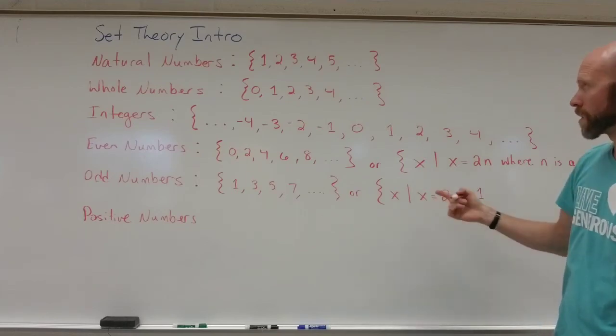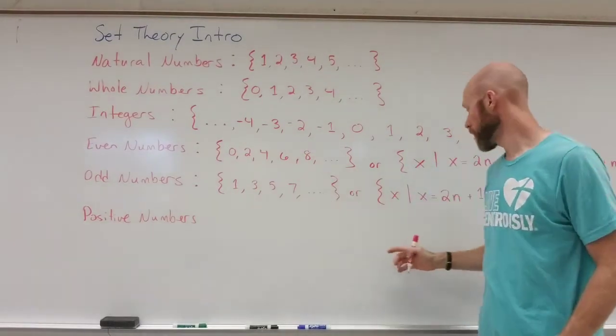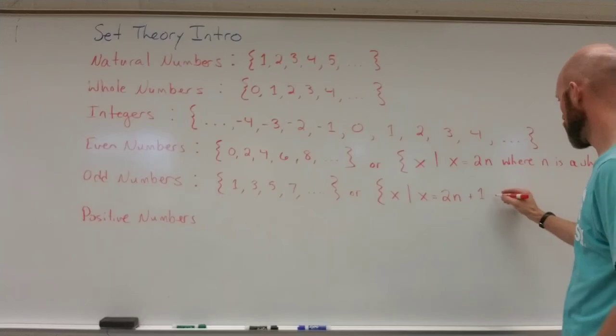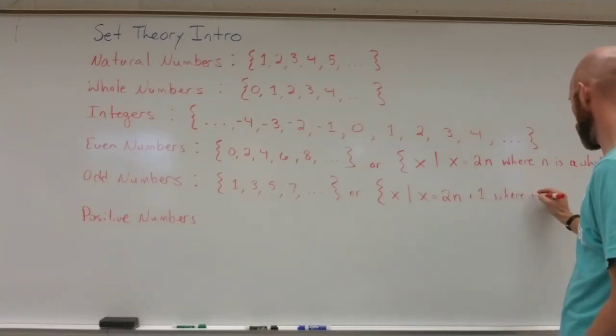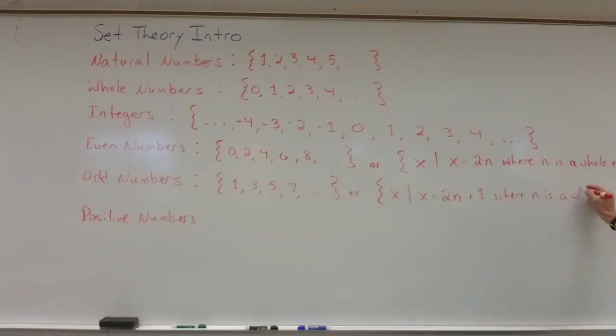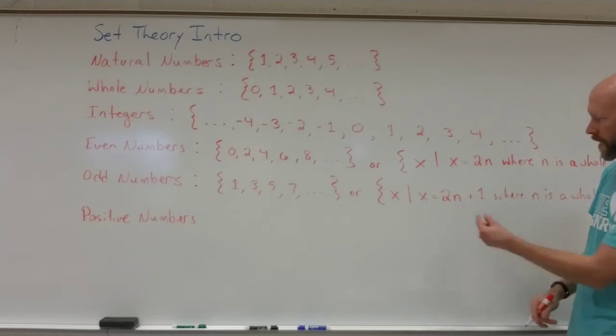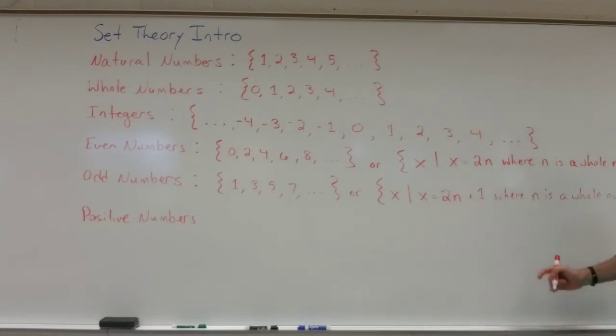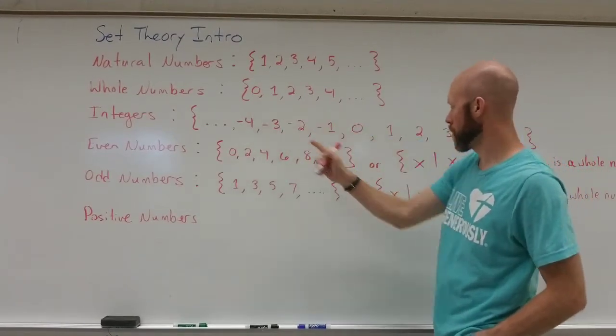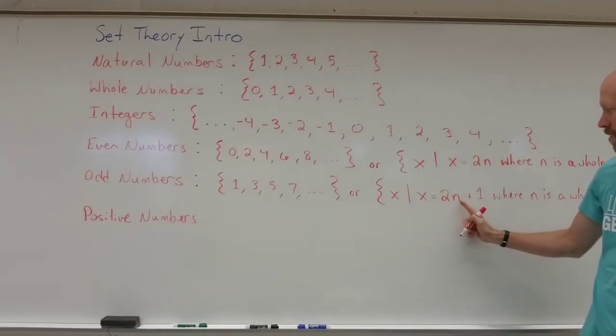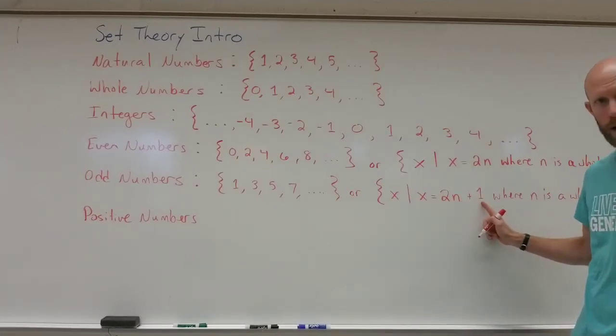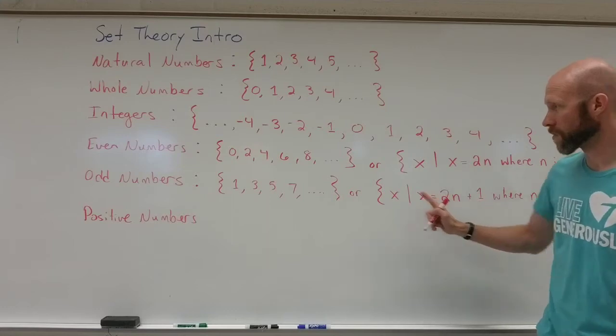You'd have to shift things around a little bit. But if I go with 2n plus 1, where n is a whole number, what you're doing is you're creating an even number by doubling it, right? So you take a whole number, like the number 0, you double it, 2 times 0 is 0, add 1, that gives you an odd. In fact, that gives you the first odd.